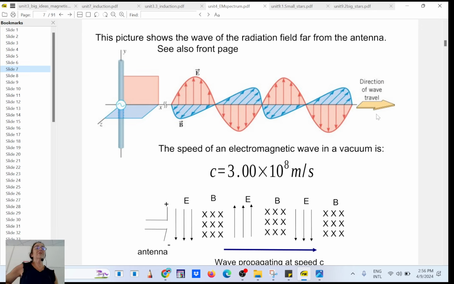Very educated beaver. Velocity, electric field, magnetic field. Now, of course, it's going to change with time, right? That electric field is going to oscillate in this direction, and the magnetic field is going to oscillate in this direction. But it's very educated beaver.